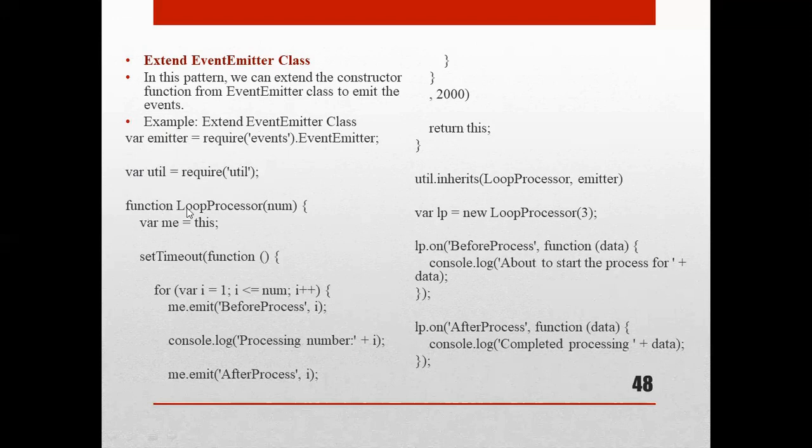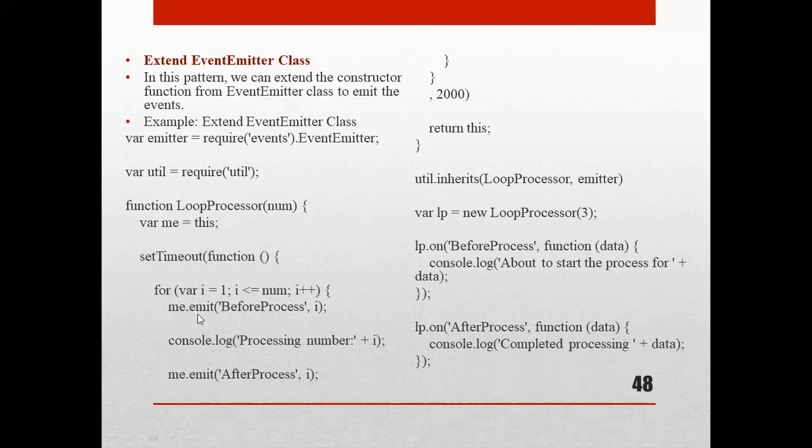Then we are going to write a function, loop processor, consisting of the parameter number. Then var me equals this, the object for this. Then we are going to use the setTimeout method and write one function consisting of a for loop. Here me.emit, where me is the object, initializes the event emitter.